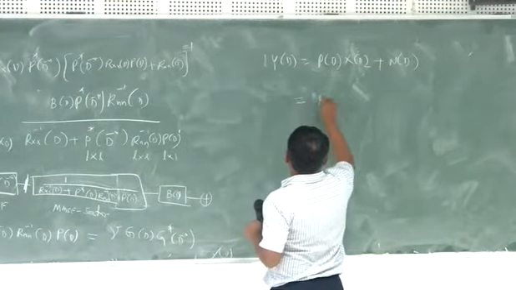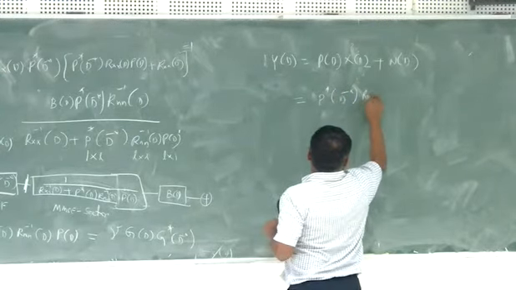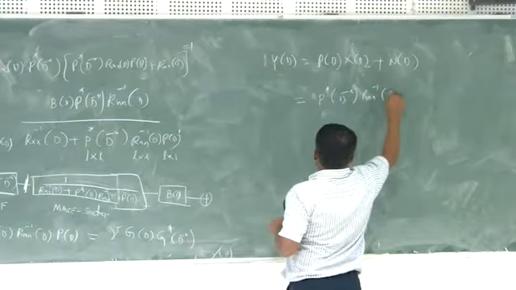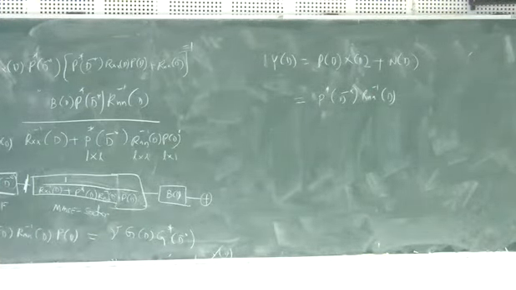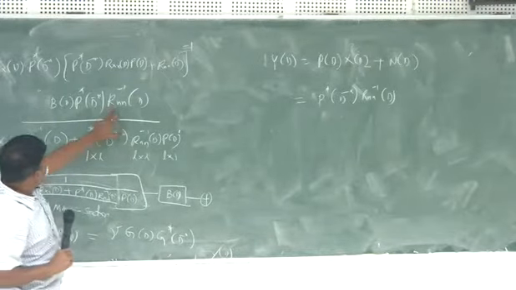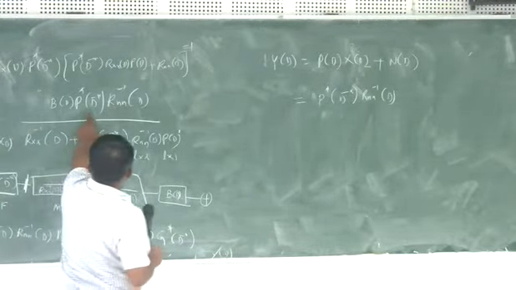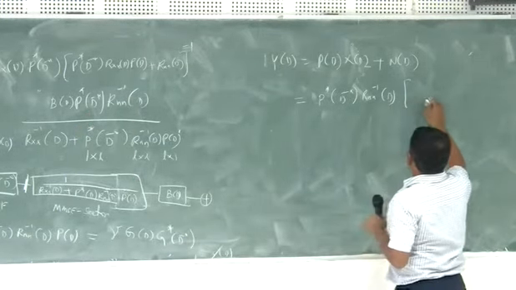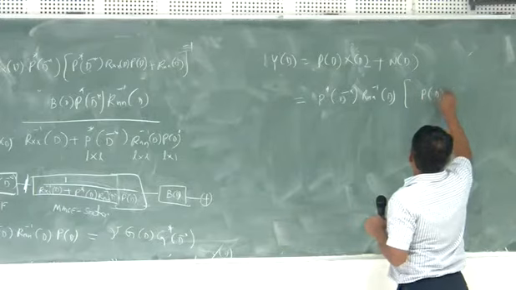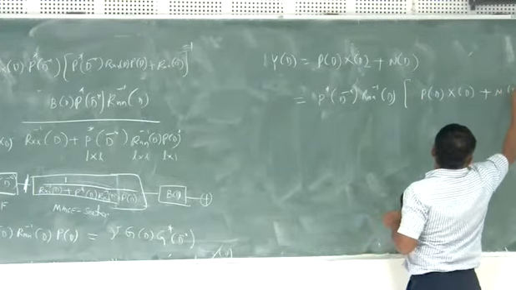Well, P star D inverse Rn inverse D. This is the filter at this point. This is the filter that I have applied. P star D inverse Rn inverse of D multiplied by Y of D, that is P of D X of D plus N of D.